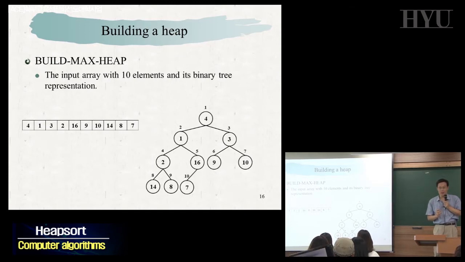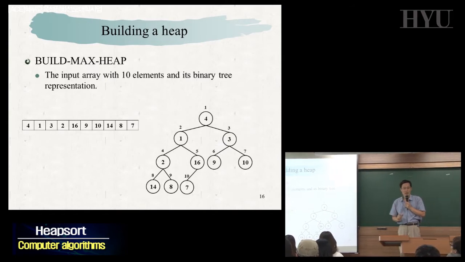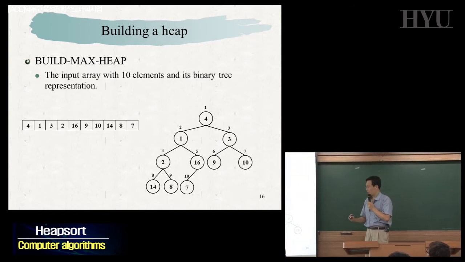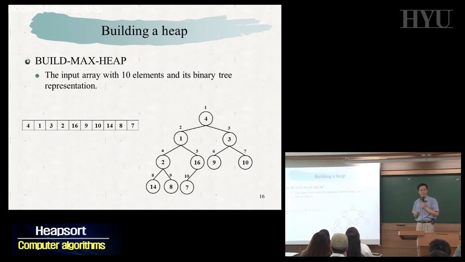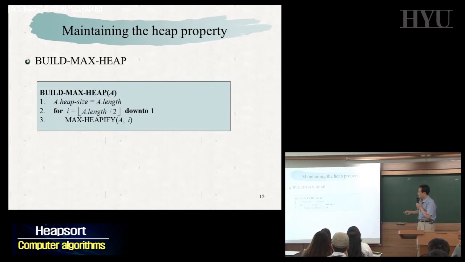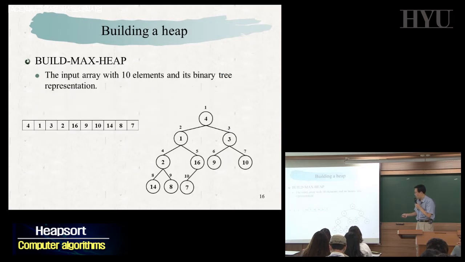So basically, we run max heapify from the bottom to top. That is the meaning of this for loop. From larger indices to smaller indices. So we run max heapify from the bottom to top.